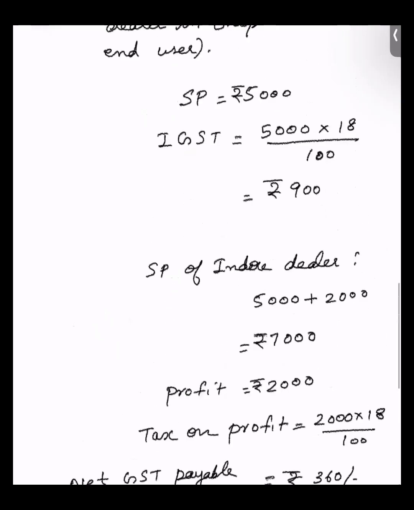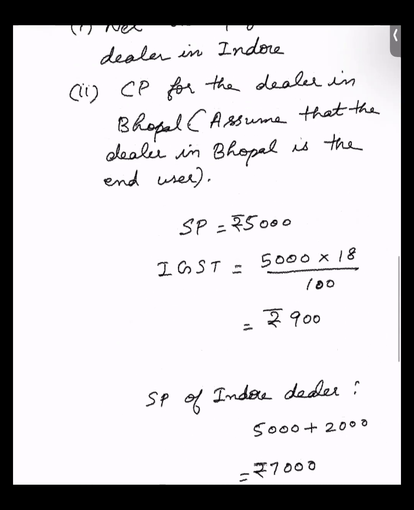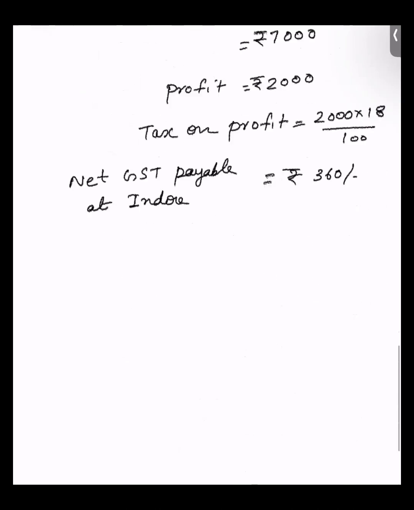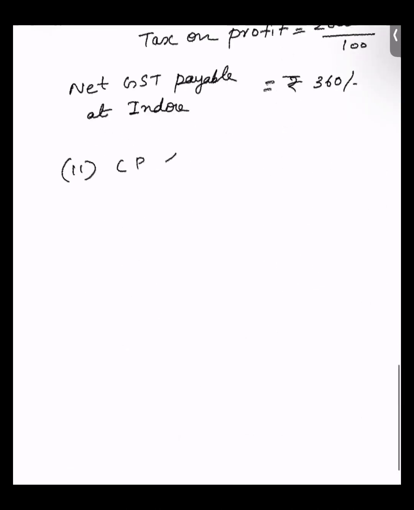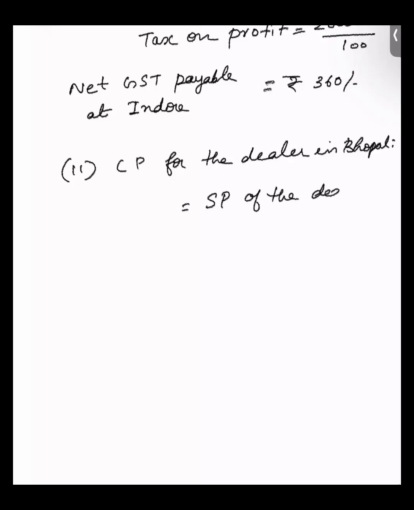Now, what is the second part saying? Cost price for the dealer in Bhopal. Cost price for the dealer in Bhopal is going to be the selling price of the dealer in Indore plus GST.